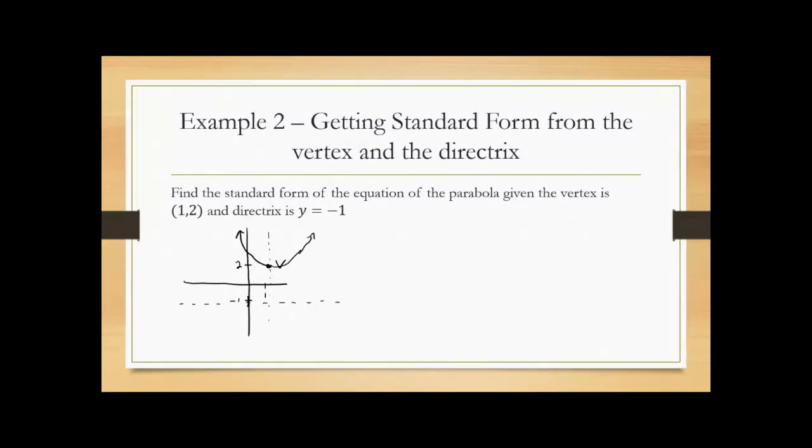So our equation for a vertical parabola is going to be (x - h)^2 = 4p(y - k). So I need to plug in h and k. That comes from my vertex.